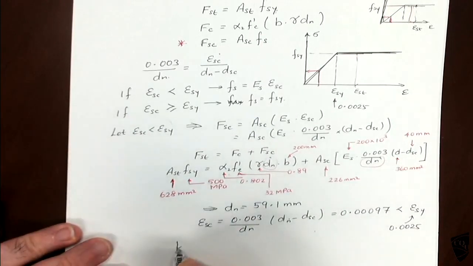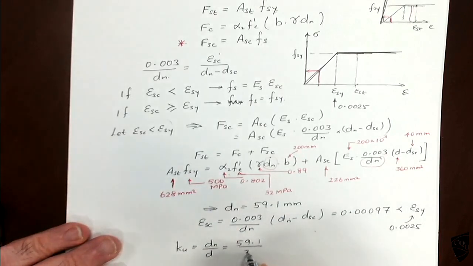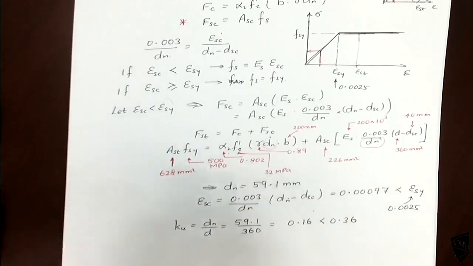Then the Ku value, all other checks, dn upon d, 59.1 upon 360, you will get 0.16. It is much smaller. And the Mu value, I need to calculate it.